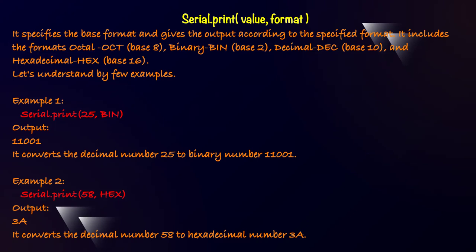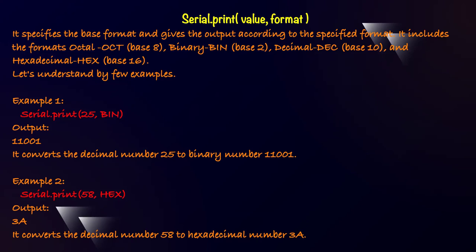See, serial.print 25, BIN for binary, that is base 2. So what does it mean? It means 25 needs to be expressed in binary format. And dear students, when we are talking about digital electronics, we know how to convert any number to binary. You know the formula, you know the process.